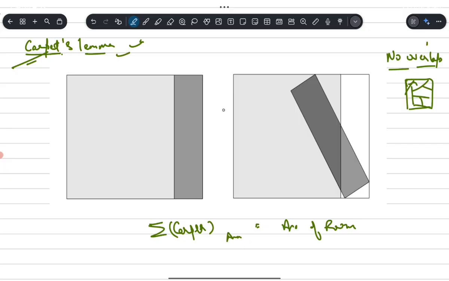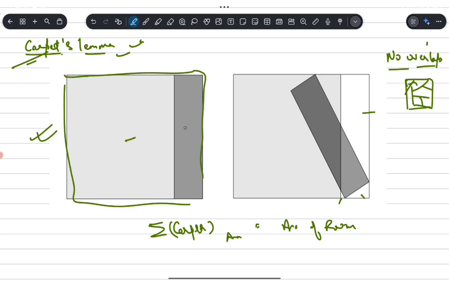The lemma basically says that the overlapping area would be equal to the empty ones. For better understanding, you may look at this diagram. We have this big room, and we have taken two carpets. I moved this one, and as you can see, this is the overlapping area. The lemma says that this area is equal to the sum of these three empty areas.